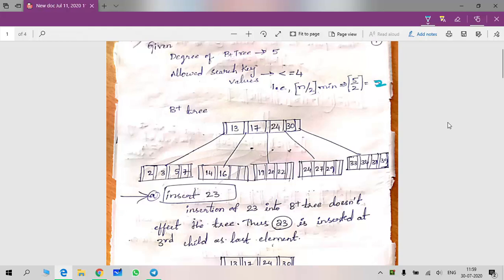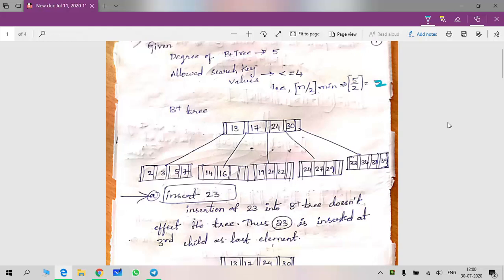If you are considering an M order B plus tree, then it must have less than or equal to M key values, that is elements in a node. Next, coming to its children, it can have M children, that is why it is an M ordered B plus tree.